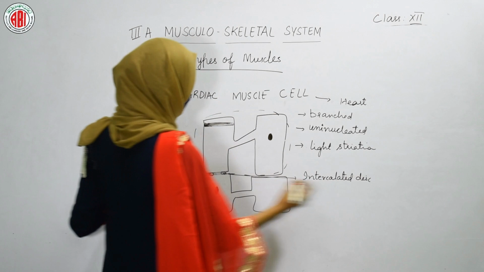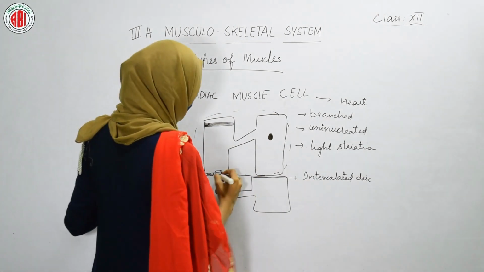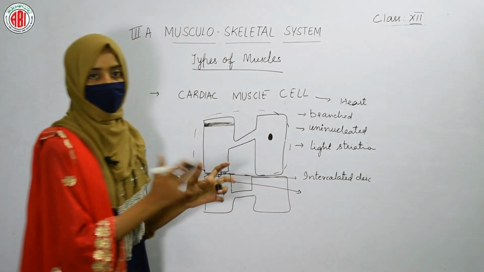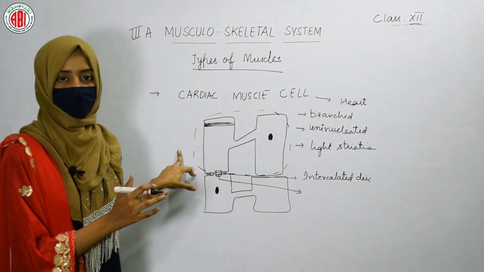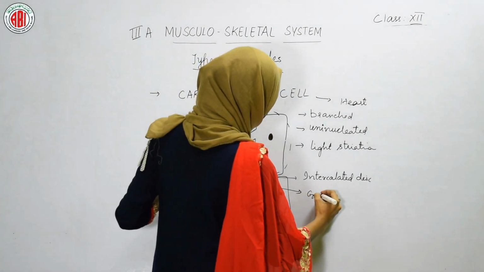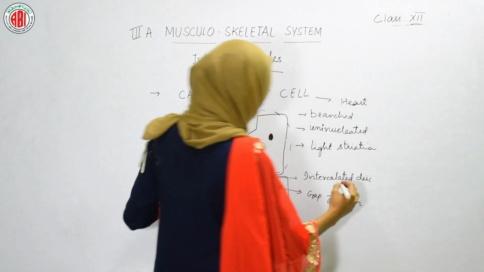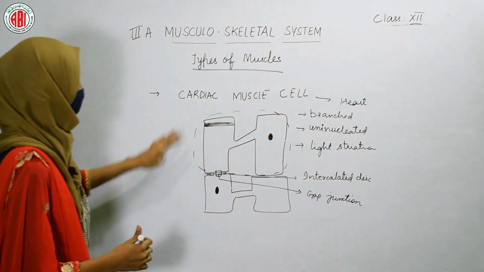And here in between the two cardiac muscle cells, some junctions, some gaps are present that connect the two different cardiac muscle cells with each other. We call those junctions gap junctions. So gap junctions connect the two different cardiac muscle cells.